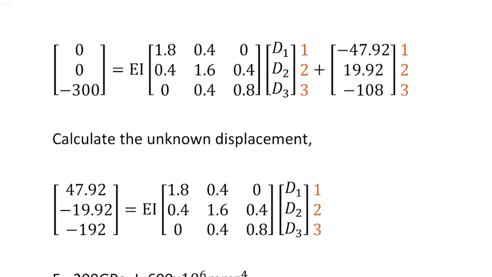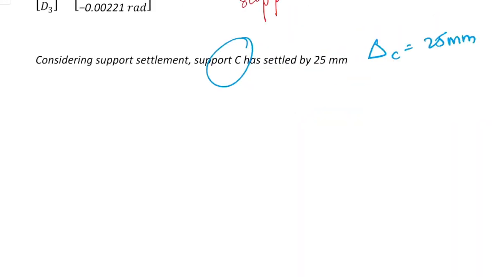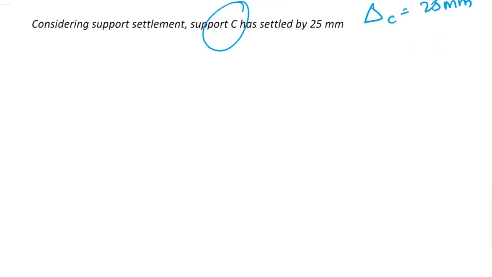It means that we need to consider the displacement at position number 7. Of course, you need to have this in your mind. In total, the full equation is like this.